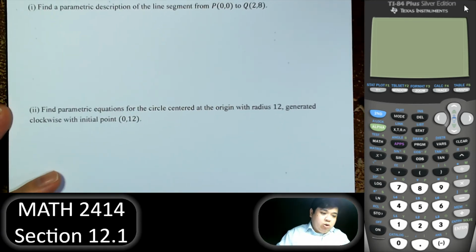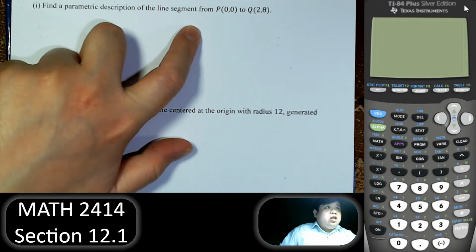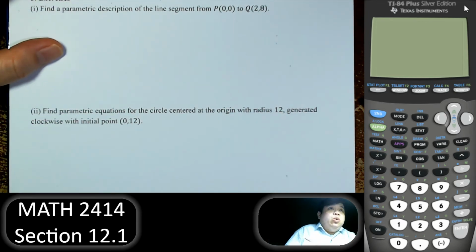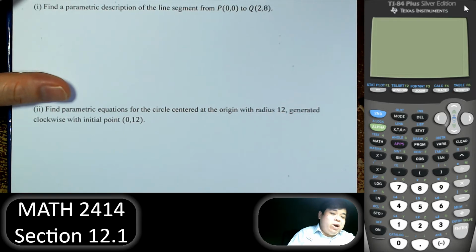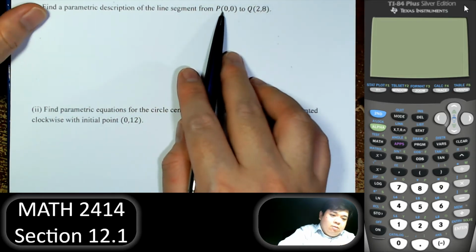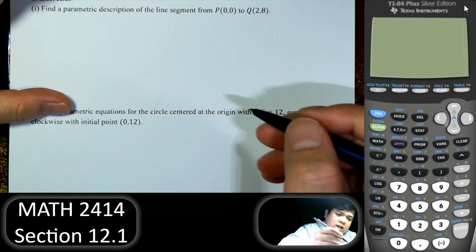For parameterizing a curve: find a parametric description of a line segment of that. In this case, we didn't say t has to go from where to where. It doesn't matter. And it also did not say in what direction it goes. But actually it does.